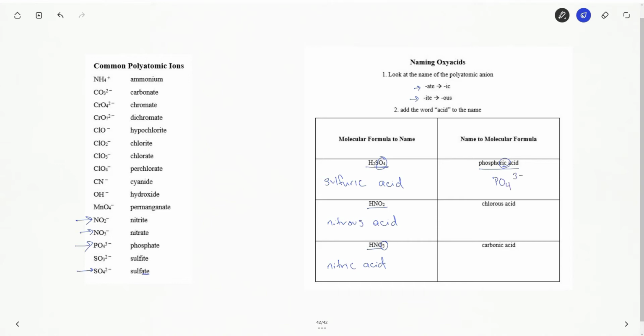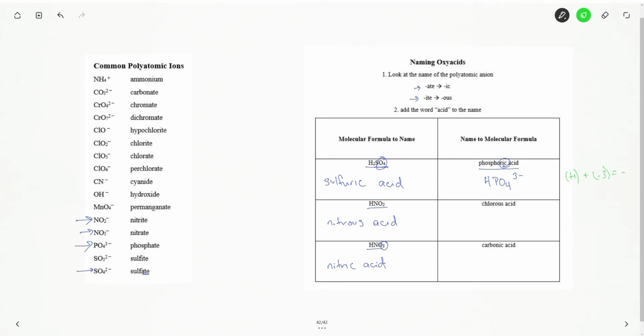Now, of course, with an acid, my cation is known to be hydrogen. So I have hydrogens in front. And now, just like with any ionic compound, I need to know how many of each I have. So let's switch to green and do a little bit of math. Hydrogen, of course, has a charge of +1. I'm going to be adding that to my charge on my phosphate, which has a charge of -3.